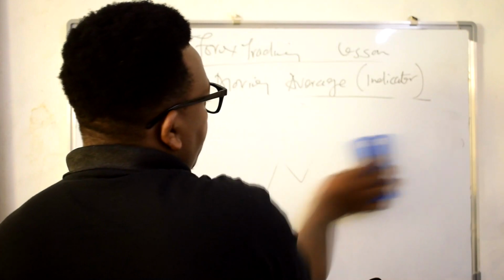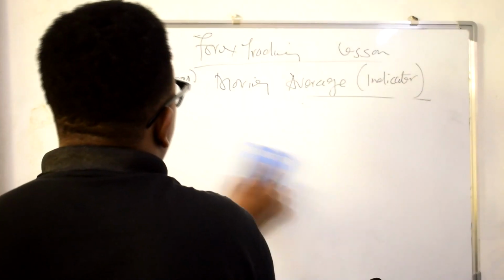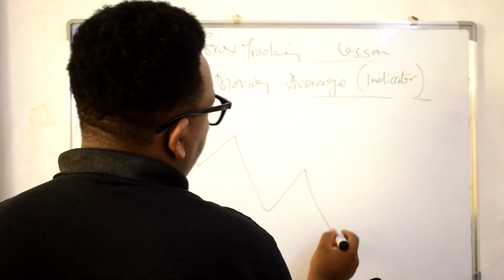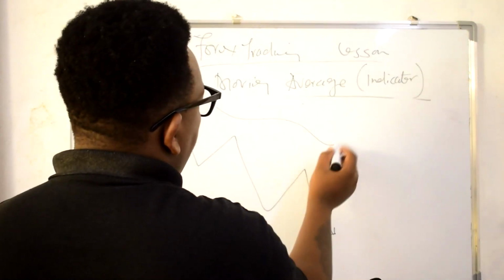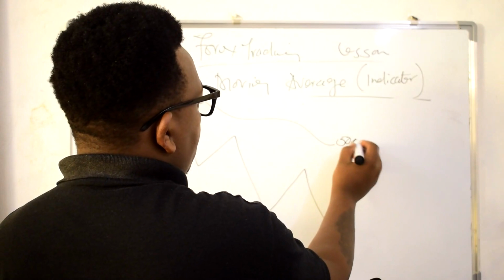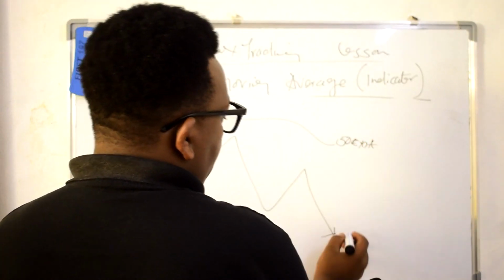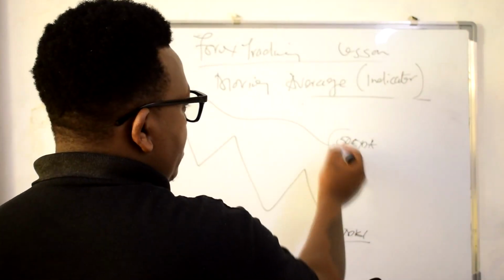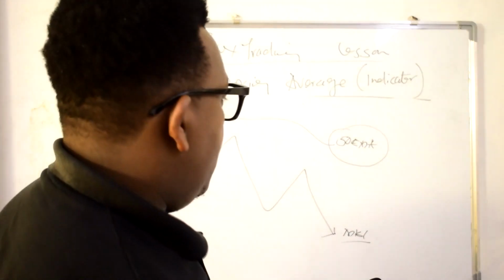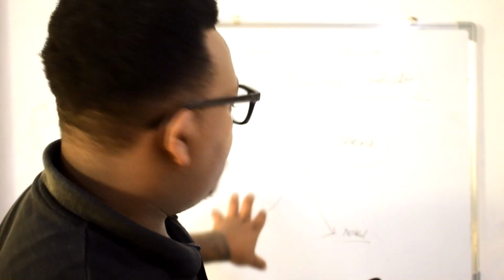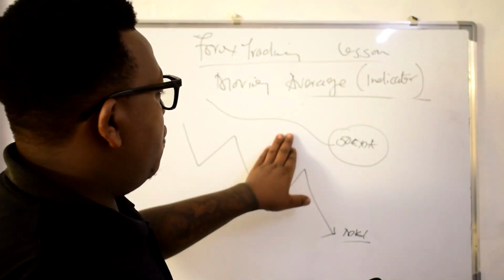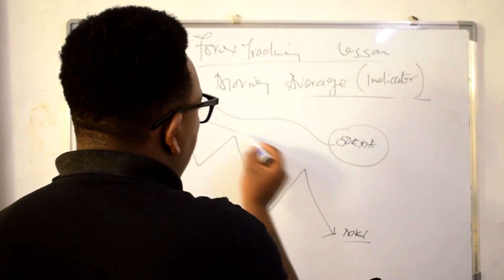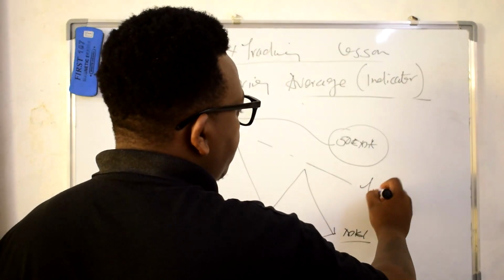You'll see the market is moving down, and the 50 MA is on the upper side, above the market. So long as the market is below the 50 MA, we should be looking for selling opportunities. And we also incorporate the trend lines.